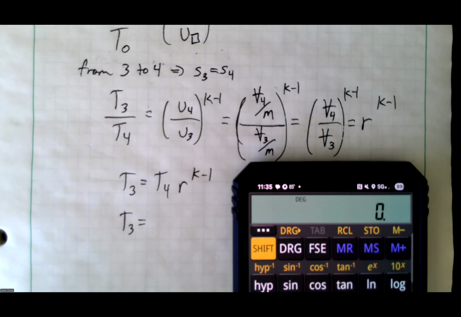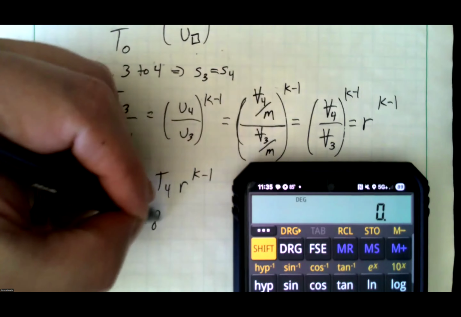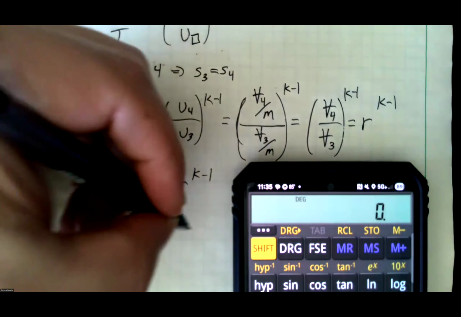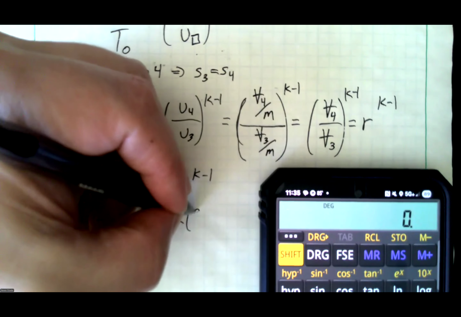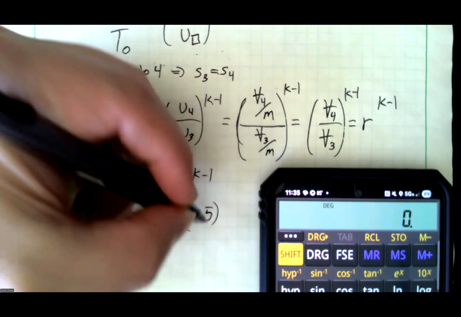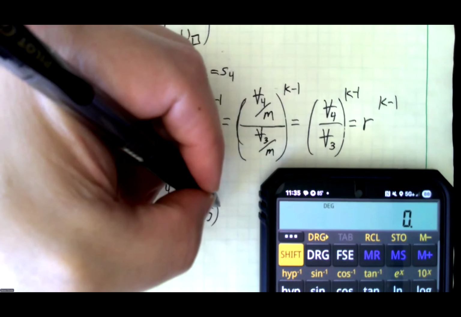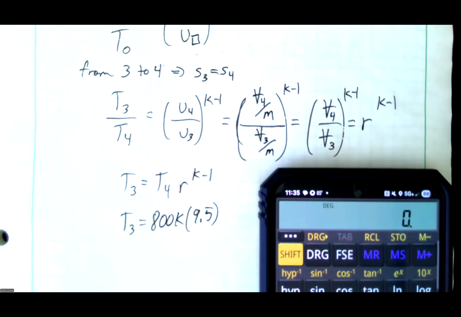It's fine. Okay. This is 800 kelvins times compression ratio was given to us as 9.5. And by the way, what is K? I'm going to go all the way back up here. I'm going to make an assumption. We're going to assume cold air.